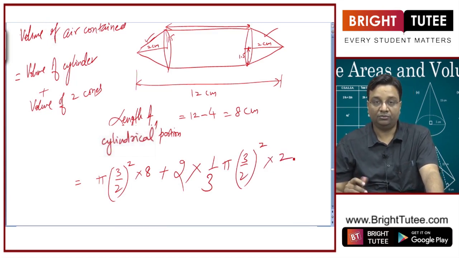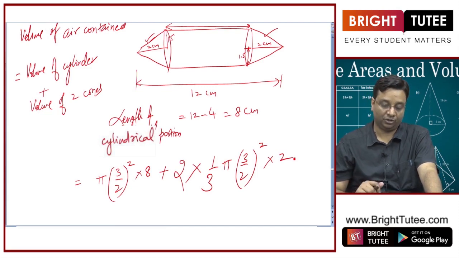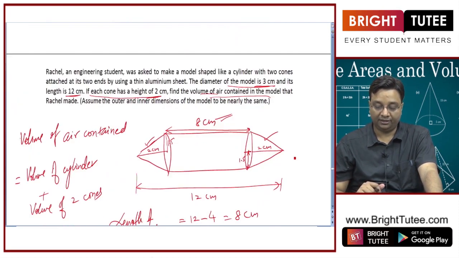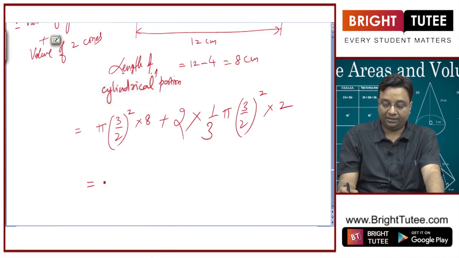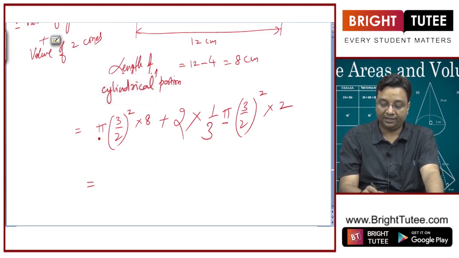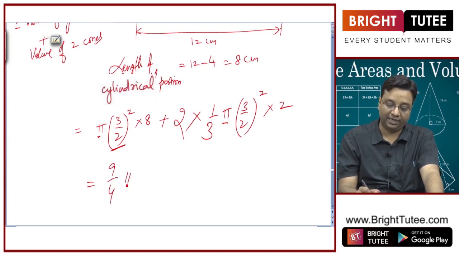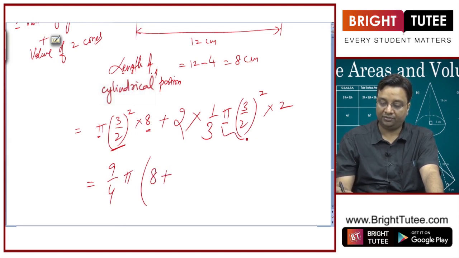So this is the volume of air contained inside this model, and let us take pi as common. We can take this 9 by 4 also as common, then see the calculation. So this 3 by 2 squared is 9 by 4. So 9 by 4 pi can be taken as common. 8 plus, this 9 by 4 I have already taken as common, 2 into 2, 4 by 3.